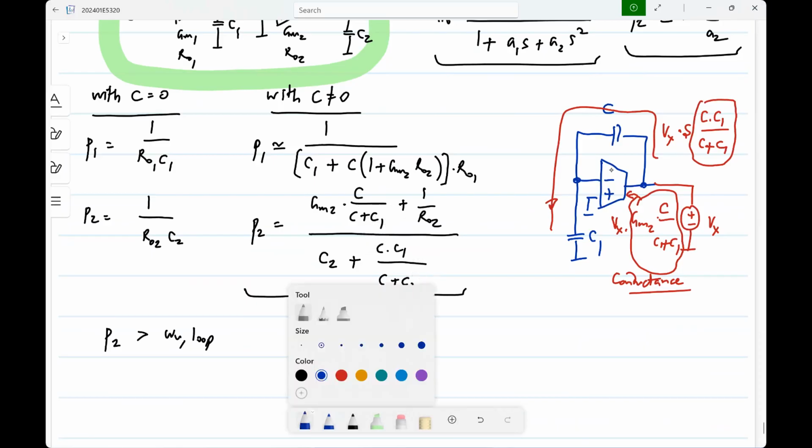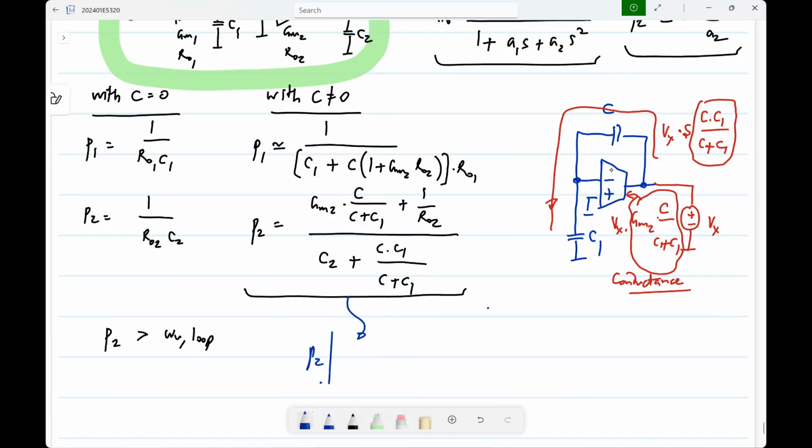Which is our earlier case anyway, P2 with C1 equal to 0 is approximately GM2 by C2. Okay. This is the unity gain frequency of the inner op-amp if C1 equals 0. Okay. If C1 is not 0, it will change. That's why you have all those modifications.